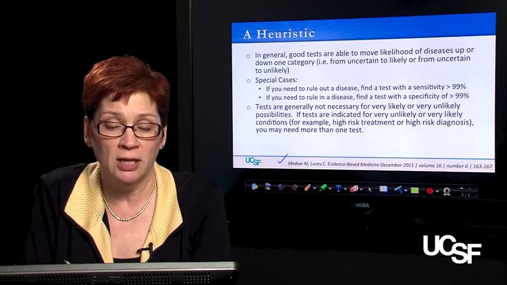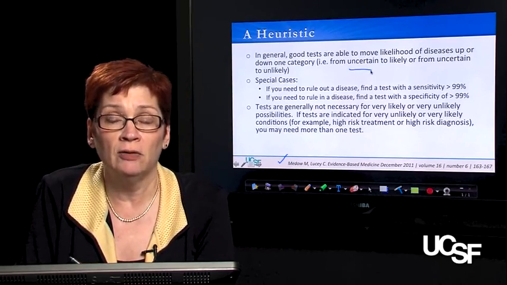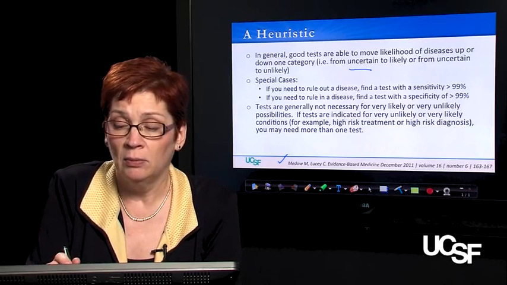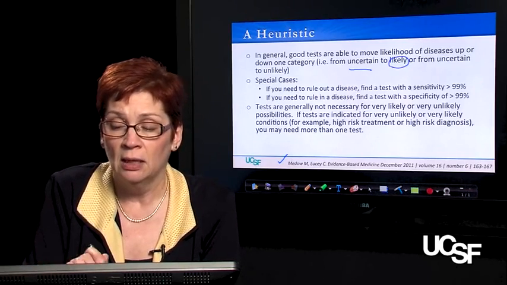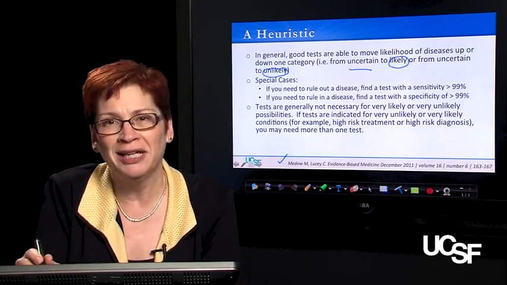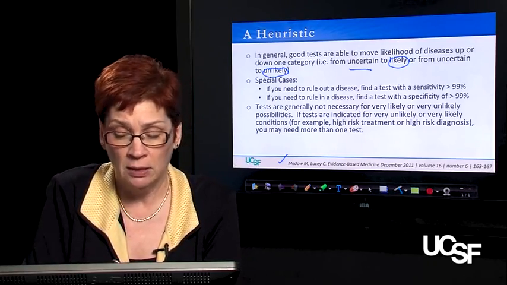So example, if we think clinically that the patient's likelihood of a given disease is uncertain, a positive test would move it to likely, and a negative test would move it to unlikely, but not all the way up to very likely or all the way down to very unlikely.